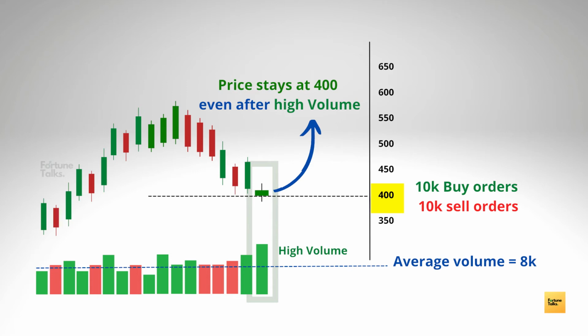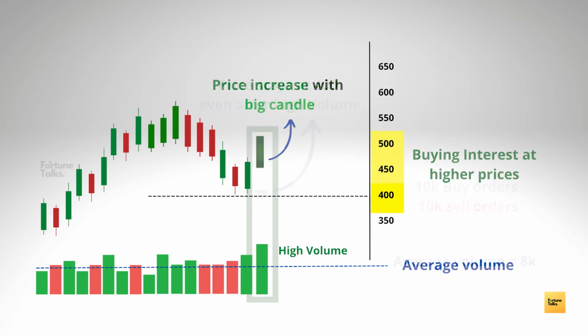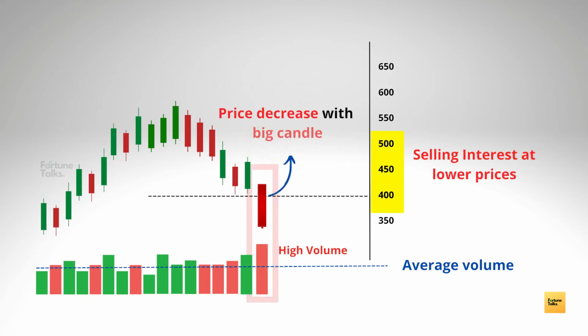The simple reason being, all the orders are placed at the same price, that is rupees 400. On the other hand, if the price were to move up with an increase in volume, then there should have been more buy orders at higher prices. That is, buyers should be willing to buy at even higher prices. And in a similar case, if the price were to go down, then the sellers should be willing to sell at even lower prices.